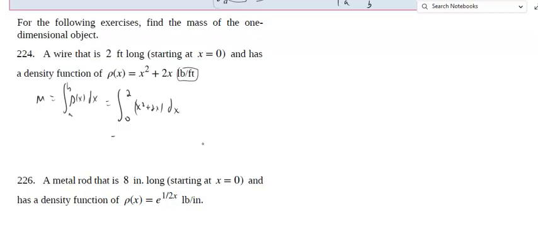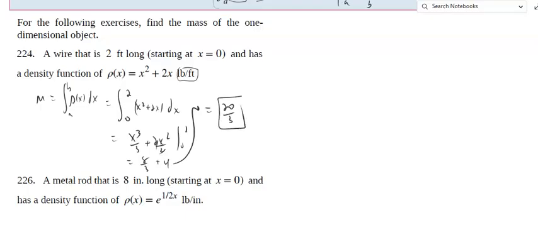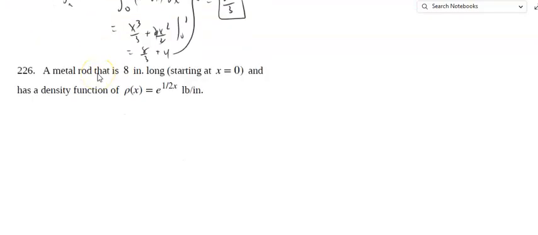The mass is fairly simple in this case: x cubed over 3 plus 2x squared over 2 evaluated from 0 to 2. That is 8/3 plus 4, or simply 20/3.